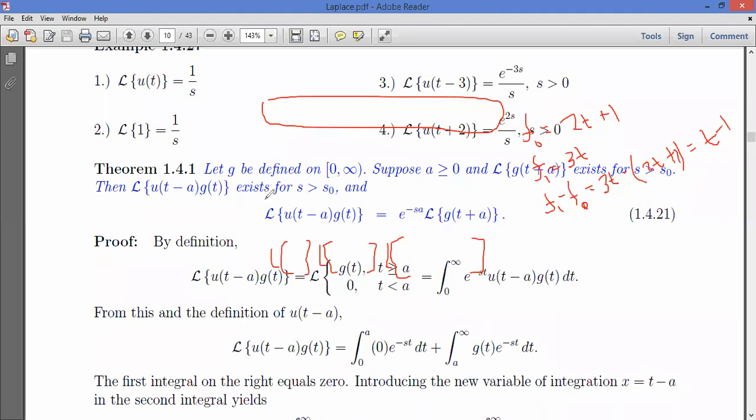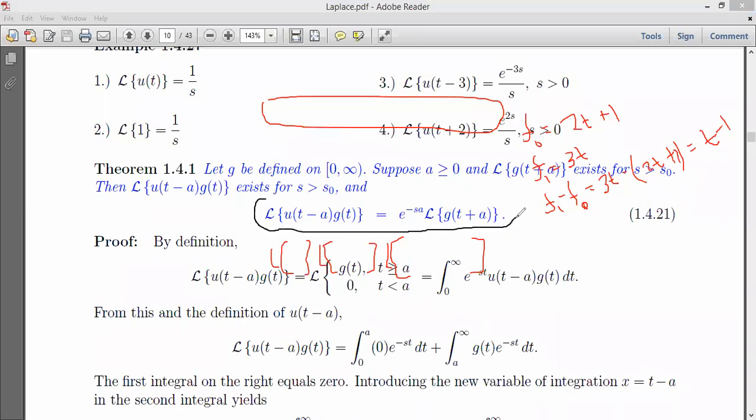You have L u of t minus a, our a is now 2, g of t, our g of t is the t minus 1. So we have this one here that we are going to relate. We only did this to recall this and we substitute it there. So u of t minus a, g of t is the t minus 1, and then we have this one here. Hopefully I'm clear there.